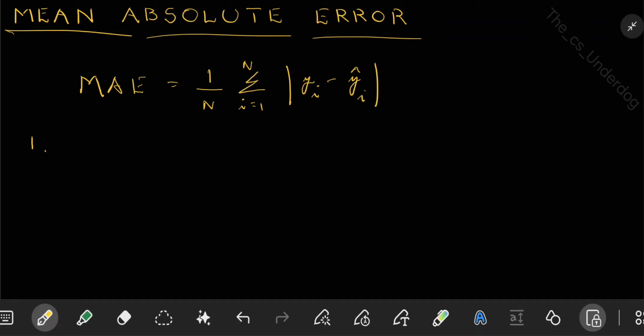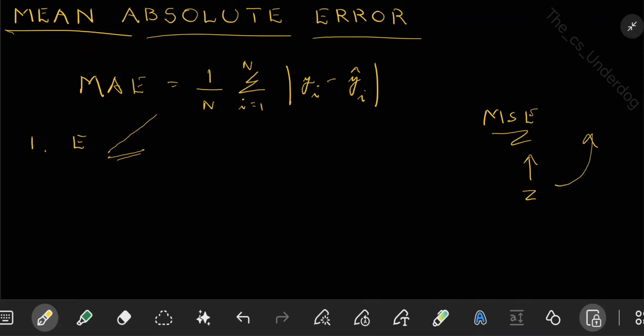So the properties, the first property is that errors always grow linearly. They never grow exponentially. Here it always grows linearly. In case of mean squared error, we had seen that as the error increases, growth also increases by a very large margin. Why is that?